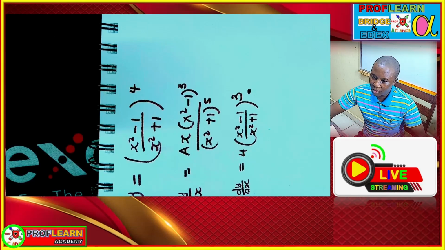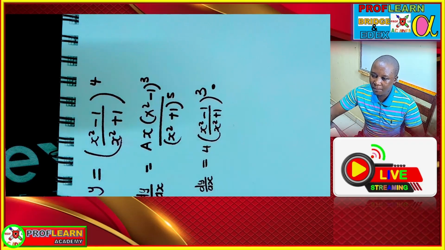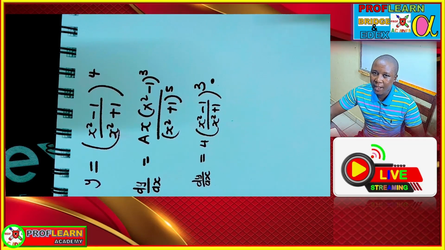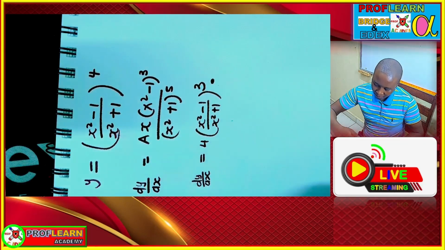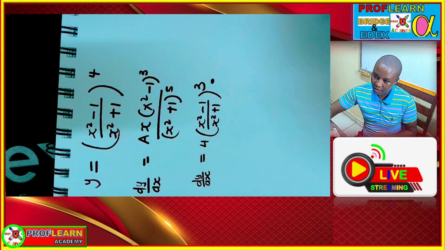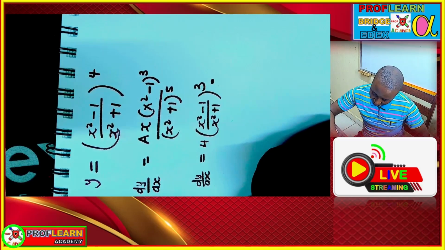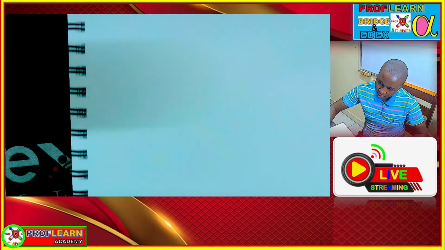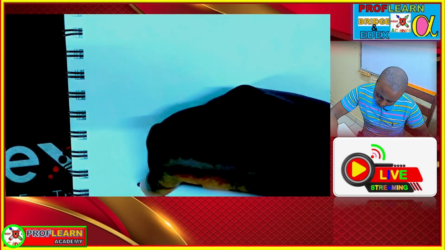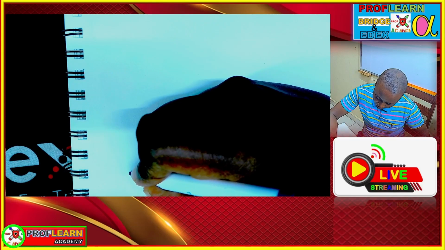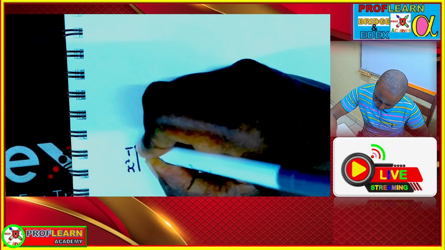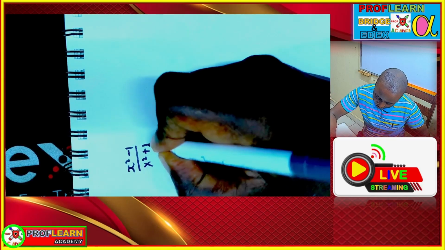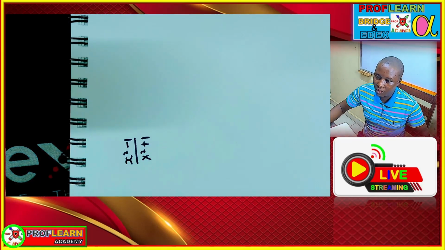Something that you need to remember, whatever is inside the bracket is basically two functions which are divided. So let me just work it out separately here. Inside the bracket, we have x squared minus 1 over x squared plus 1. These are two functions which are divided.